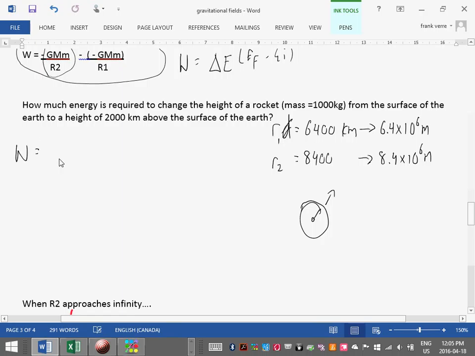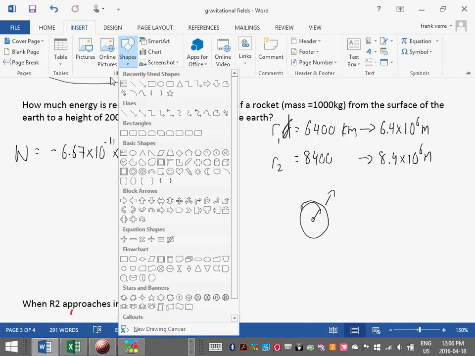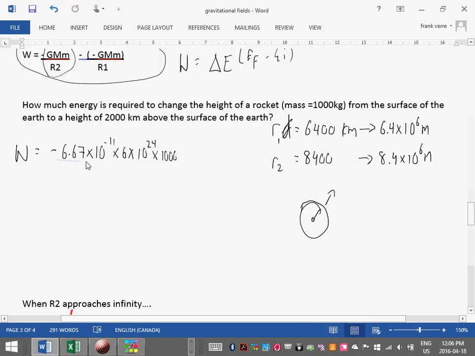So we have work is equal to negative G. Now, remember what G is, right? G is that really small number, not big number, it's a tiny number. Times the mass of the planet, which was what? What's the mass of Earth? About 6 times 10 to the 24, times the mass of the rocket. Over, now, I don't know how to draw a line anymore, so I'm going to get this.